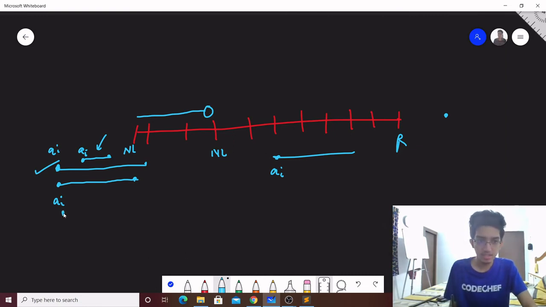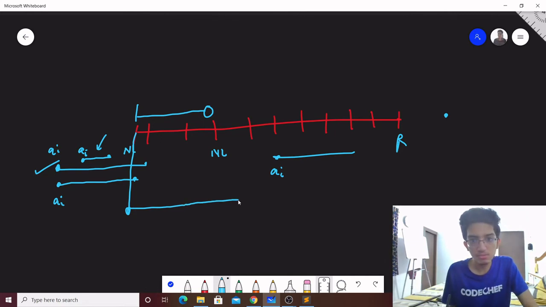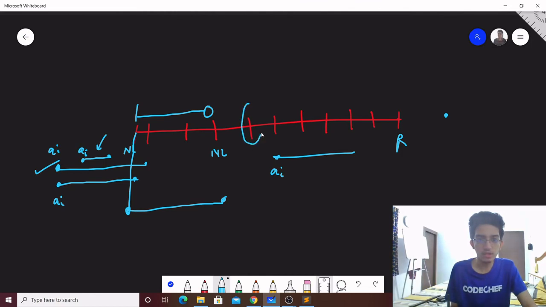But let's say that there was one segment which was starting over here and which ended at just next left, and now we are looking at A of I over here. Then in this case we would not have covered anything in this region, and so we output -1.